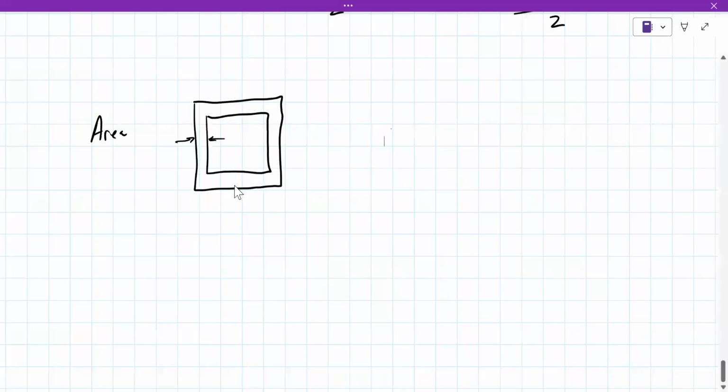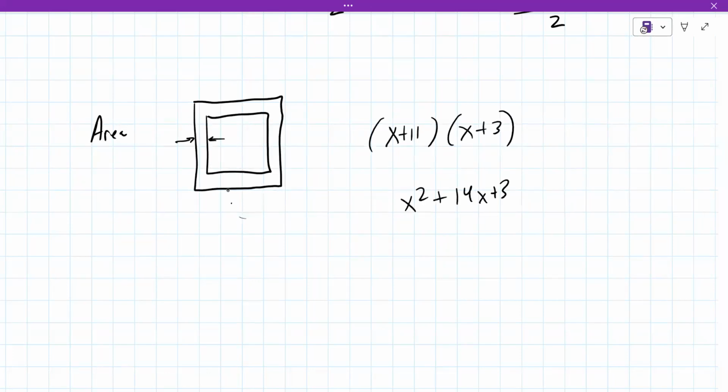Oh yeah, it was x plus 11 and x plus 3, the sides I came up with, and together they were x squared plus 14x plus 33. But I don't know if I did it right because I just put it in the box method, and I saw, oh, if there's 3 here it'd work, and that's how I did it.